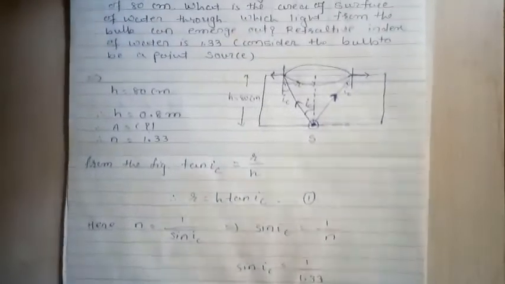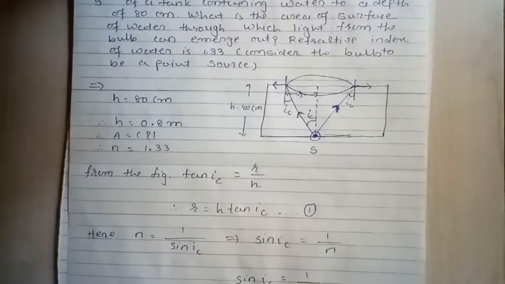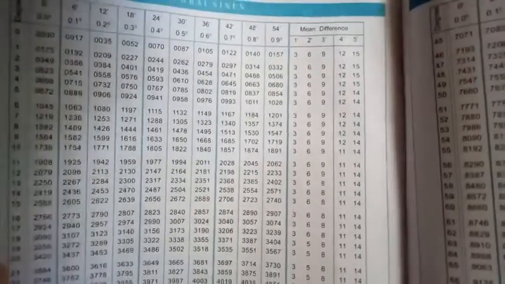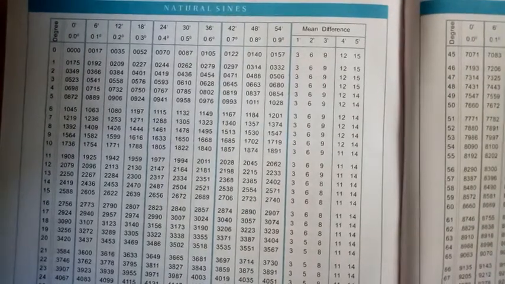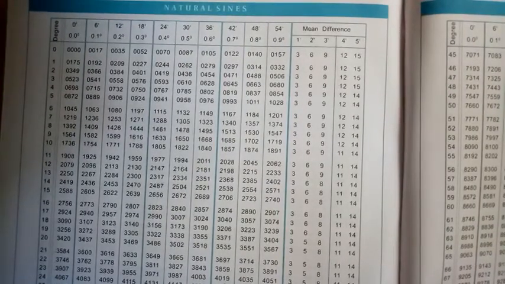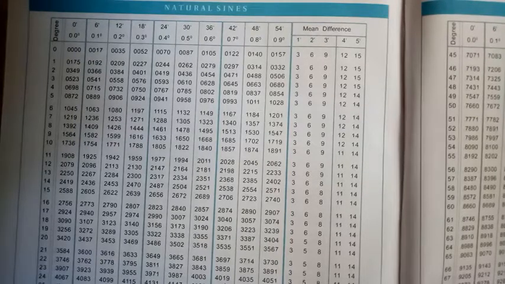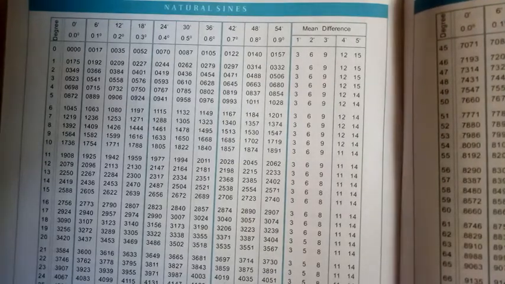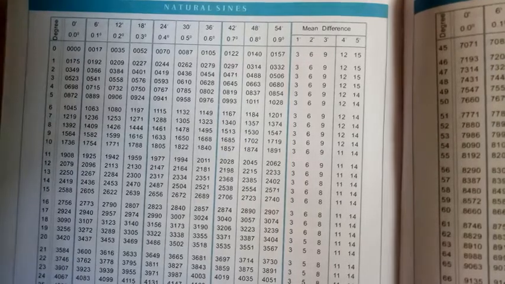See here friends, we have to find out the value of sine inverse 0.7518, right? Now see friends, this is our natural sine table, right? We have to find out the value of 0.7518, right?